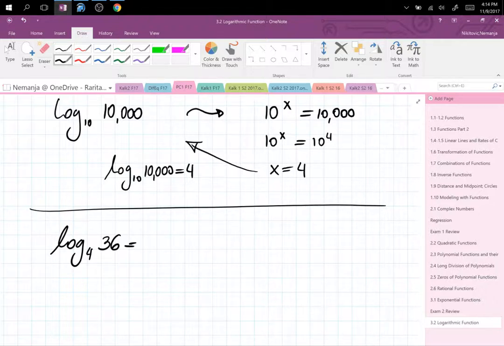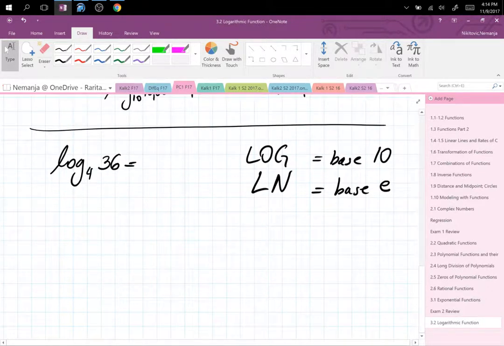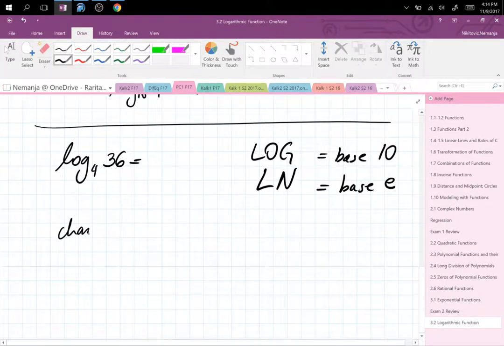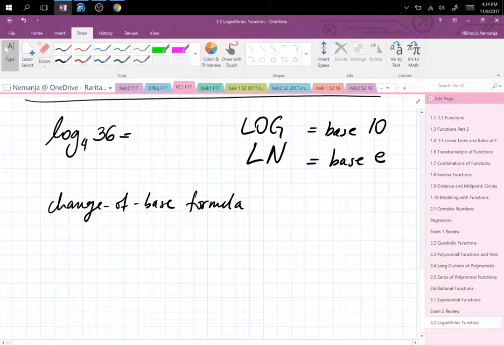Now, I already told you that you can't put this in a calculator because it's a base 4. Your calculator speaks 2 bases only. There is the LOG, which is base 10, and there is LN, which is base E. So we need to learn the change of base formula so you can use your calculator to compute logs.